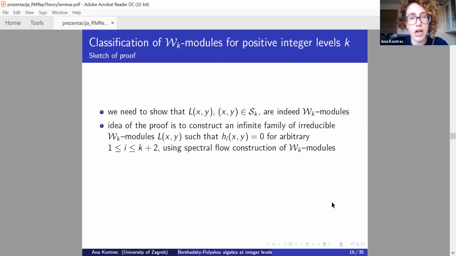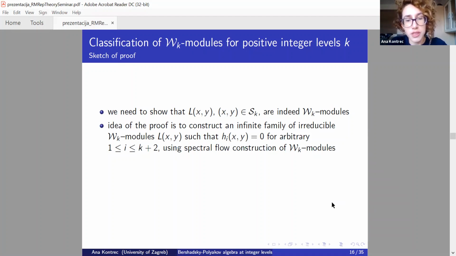So how do we look at this? We need to construct a family of irreducible W_k modules which satisfy h_i(x,y) equal to 0. So how do we do this?